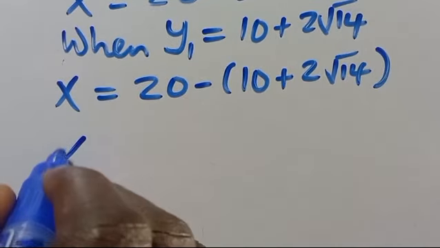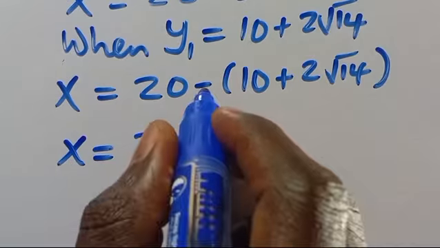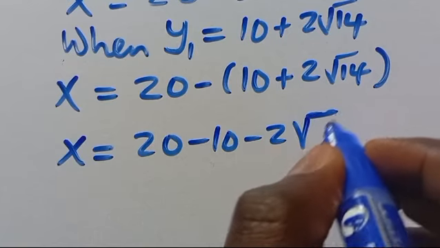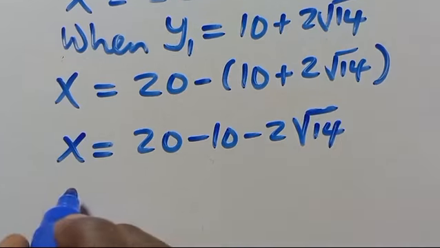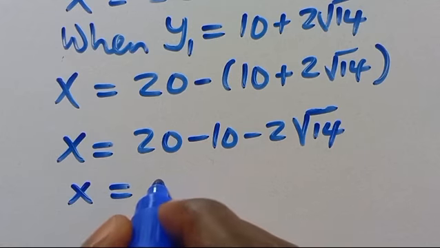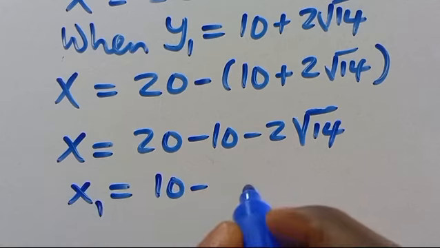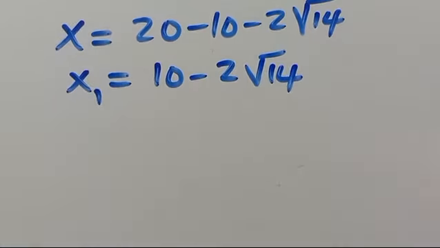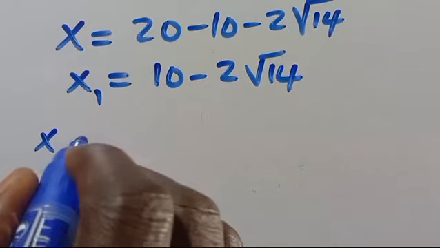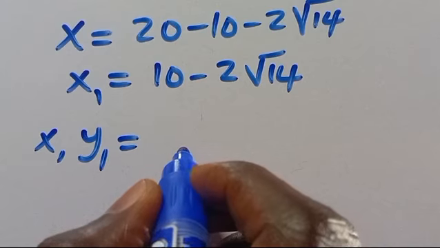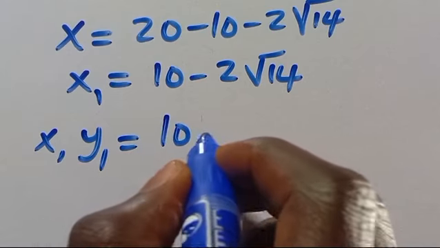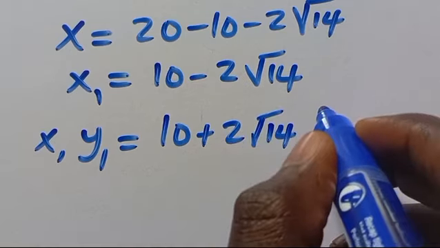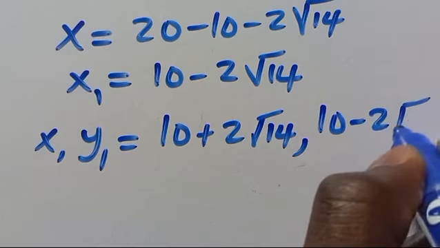So we have x equals 20. This time this will be minus 10. This will be minus 2 times root of 14. X equals 20 minus 10 will be 10 minus, which is x1, 2 multiplied by root of 14. So we have x1, y1 to be 10 minus 2 multiplied by root of 14, then y1 is 10 plus 2 multiplied by root of 14.